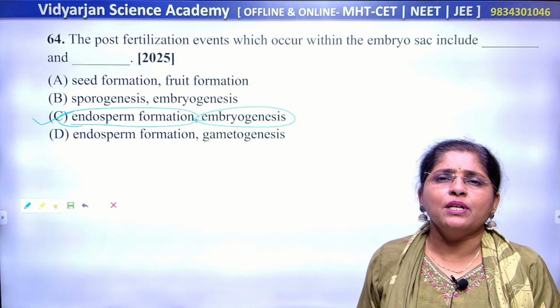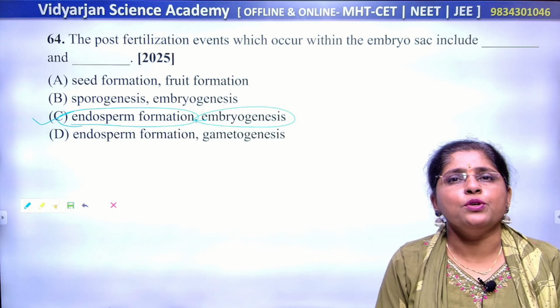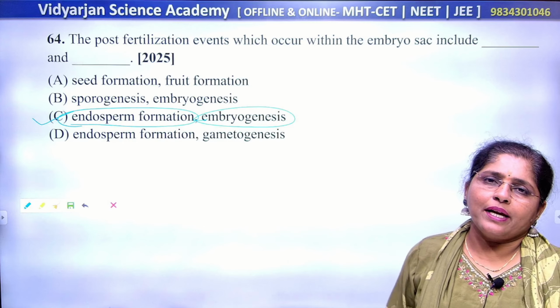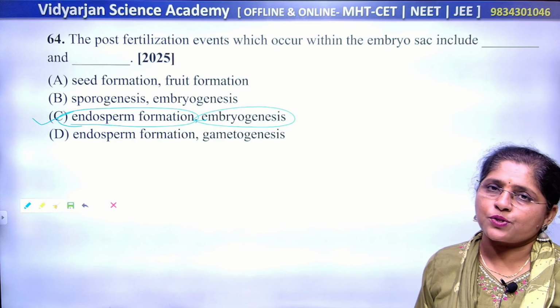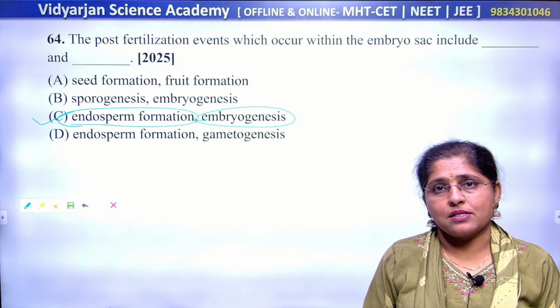Every example you are supposed to remember by heart. Then it will not be difficult for you to remember, so that you can get good marks in this topic, reproduction in lower and higher plants, students.